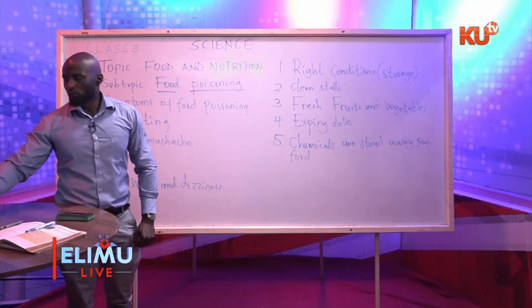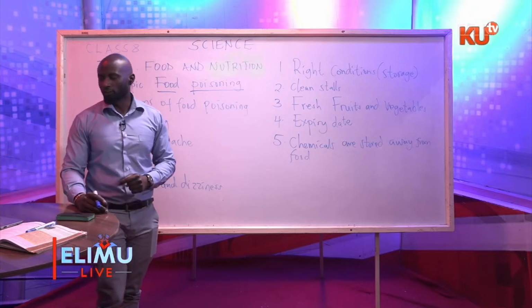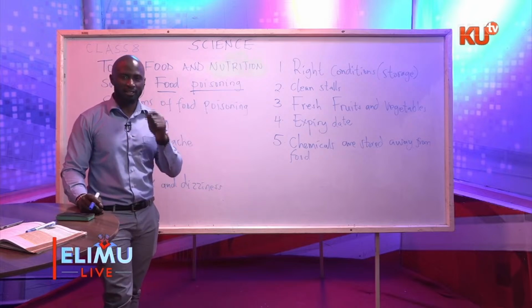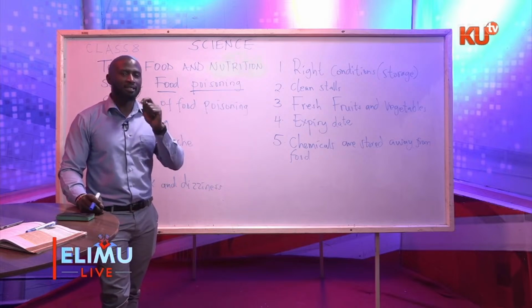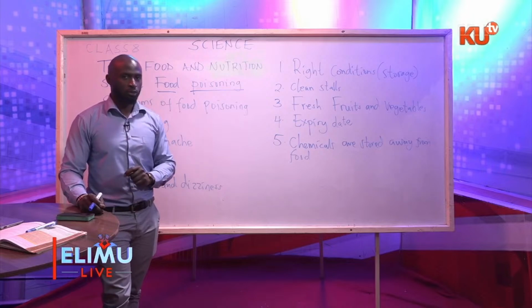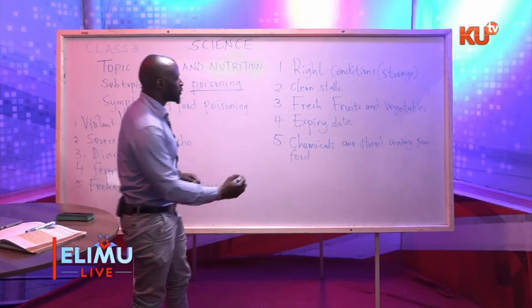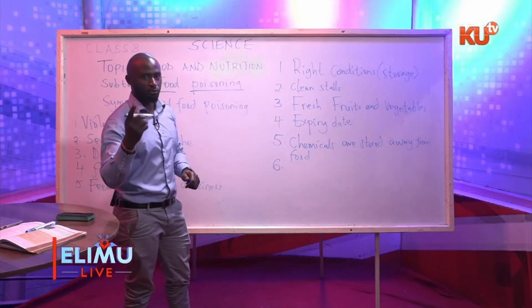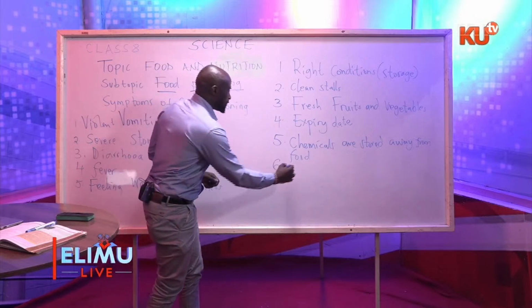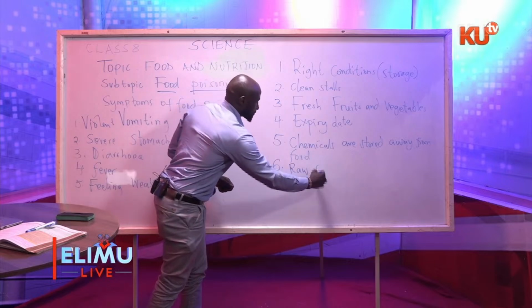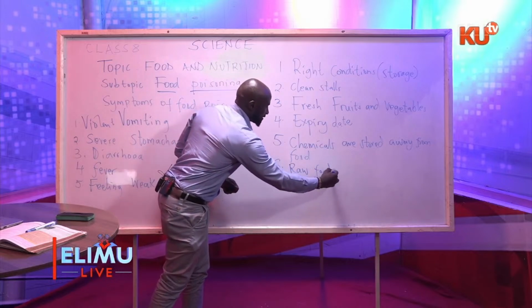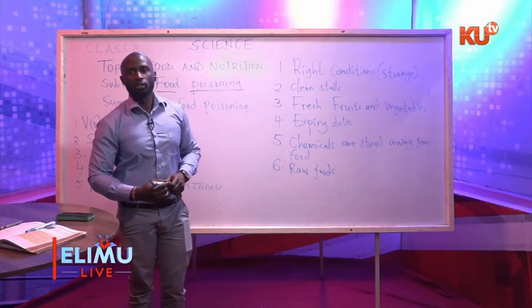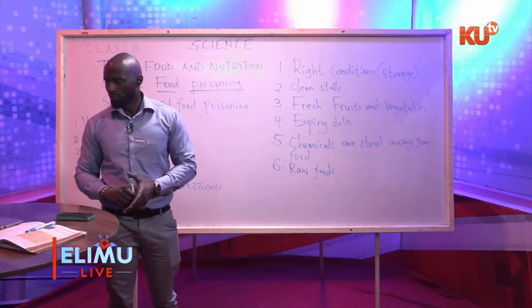Next, we've talked of washing fruits and vegetables, especially those that are eaten raw. Raw foods. Before you consume, and this word consume, remember I've told you is to eat or to drink. In this case, we're talking of raw foods, foods that are eaten without preparation in terms of cooking.